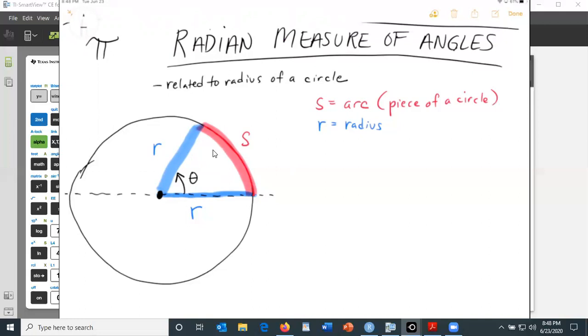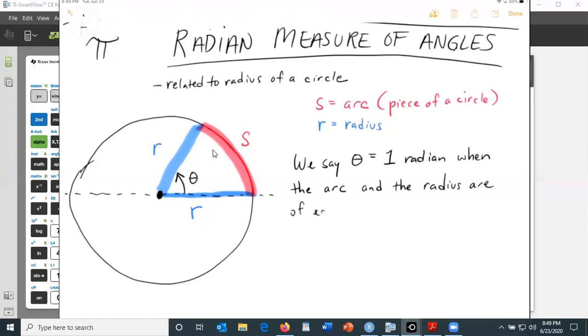All right, so let's write that out. So we say that theta equals 1 radian when the arc and the radius are of equal length.